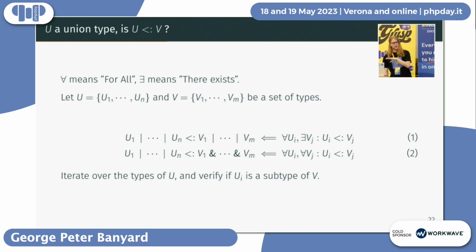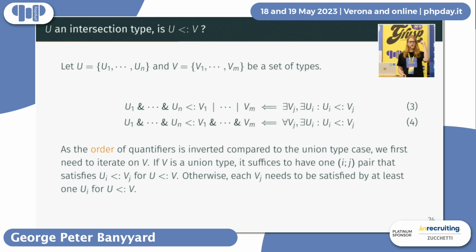And we're going to work with two type lists, U and V. So for the type list U1 up to UN to be a subtype of the union type V1 to VM, we need that for every single UI, there exists at least one VJ such that UI and VJ satisfy a subtyping relationship. So out of all of the union types on the parent type, we only need one where UI is a subtype.